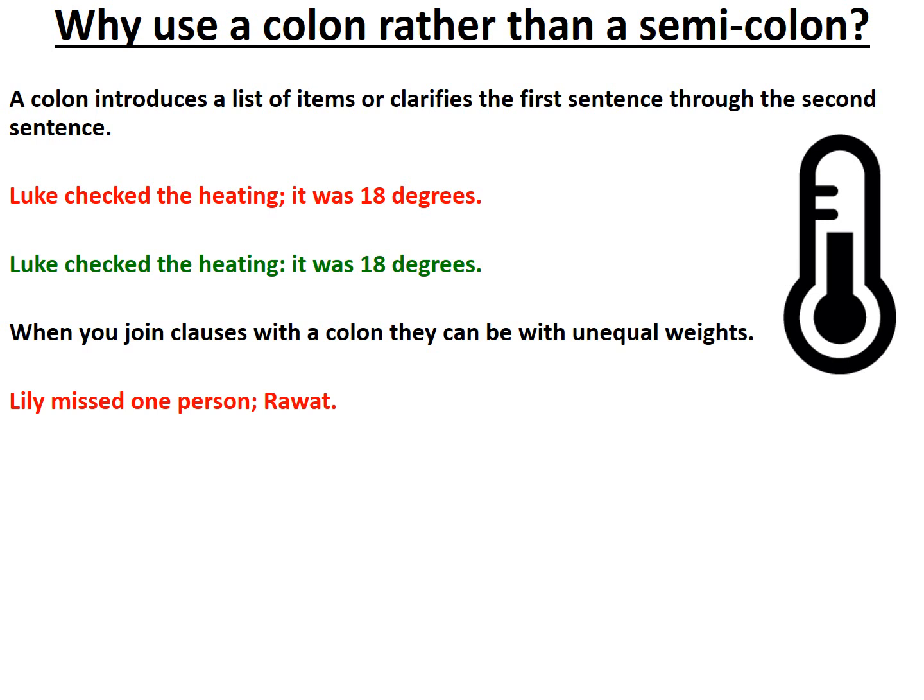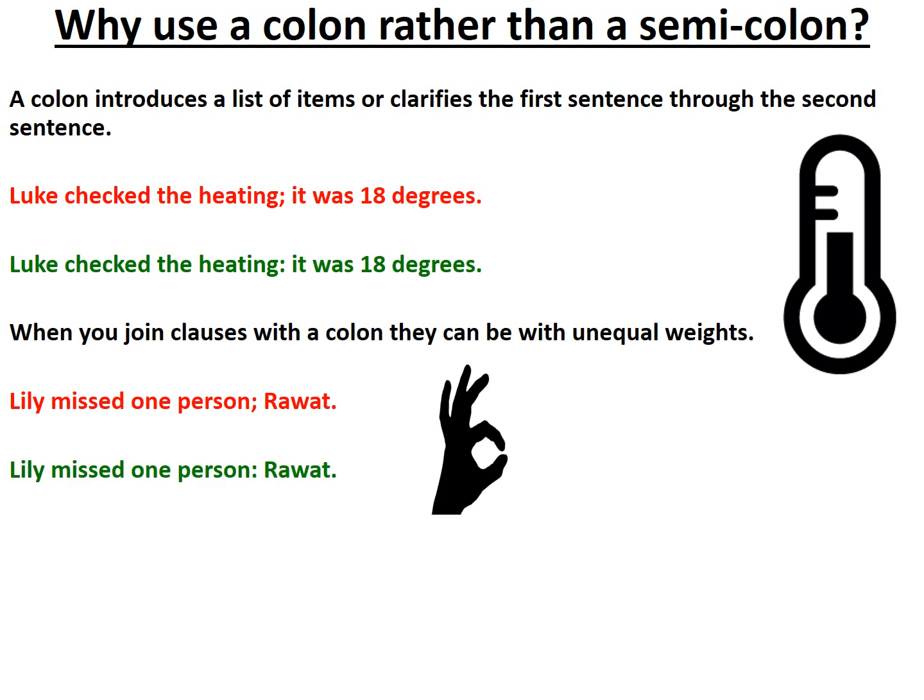Lily missed one person; Rawat. Now what we should have had instead was: Lily missed one person: Rawat, because there's an unbalanced style to this sentence. We want to know who the name of the person is that Lily missed, and we get the clarification of who that person is in what follows after the colon.